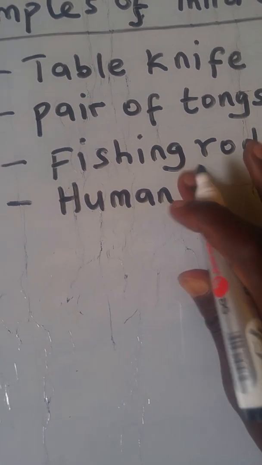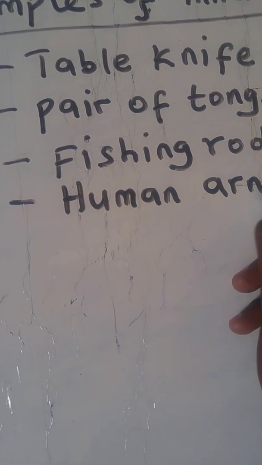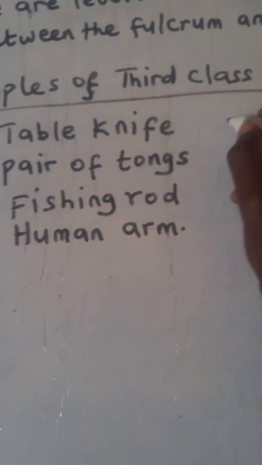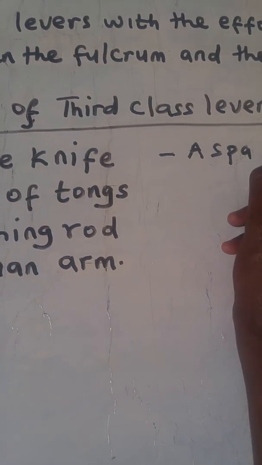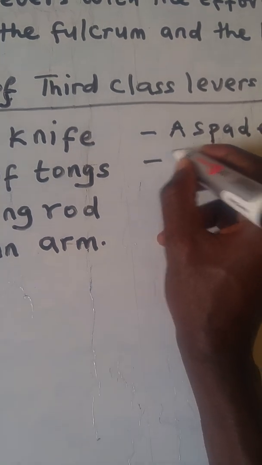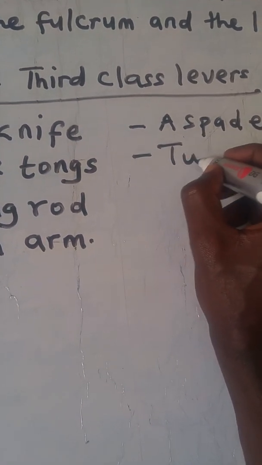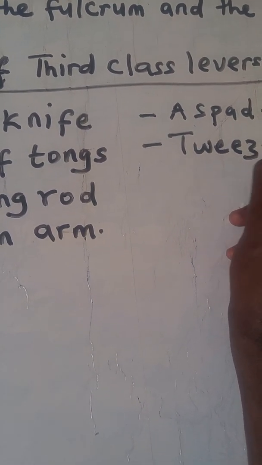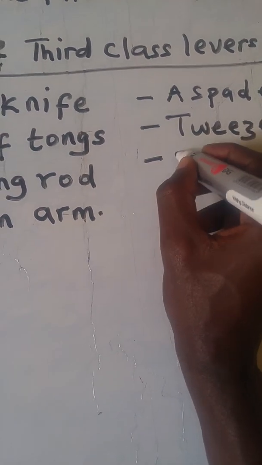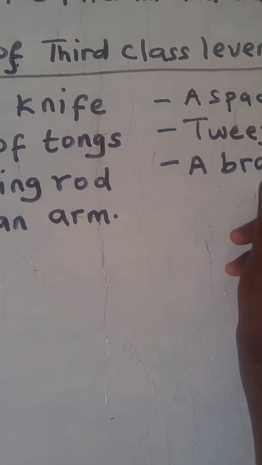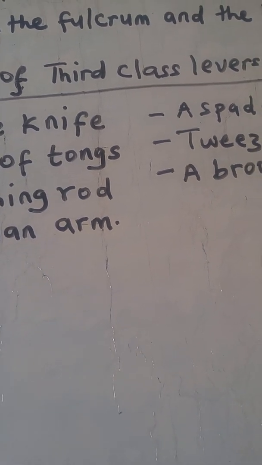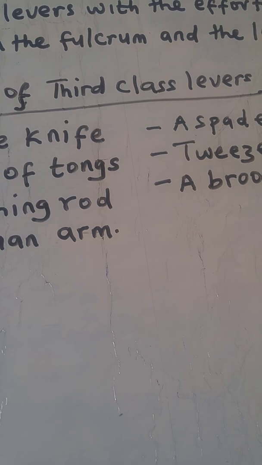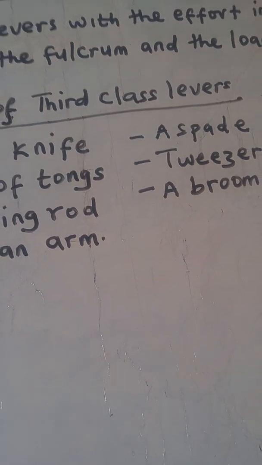Oh, we can call it the human arm. The list is long. We could add here. We have a spade. We have what we call tweezers. And we have a broom. And many others. All these are examples of third class levers.